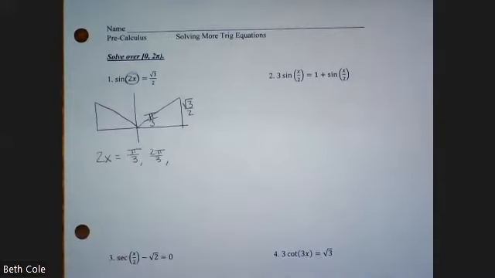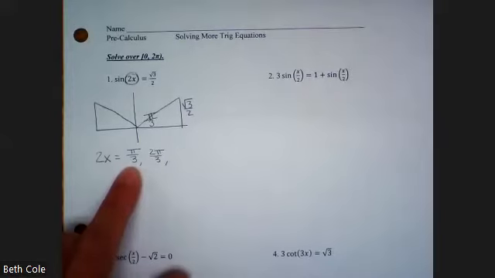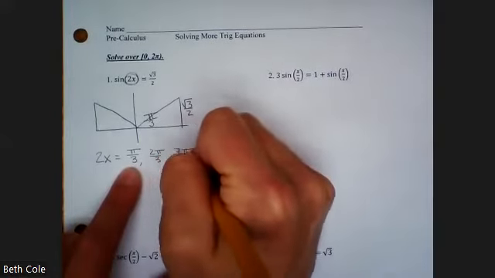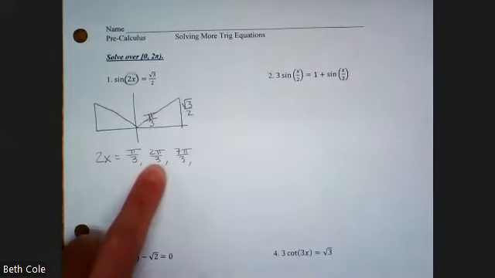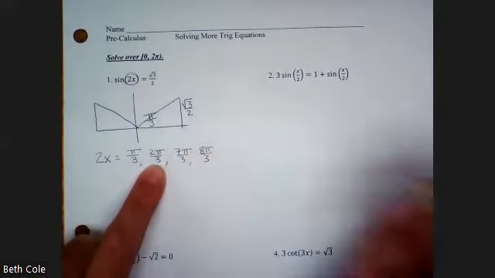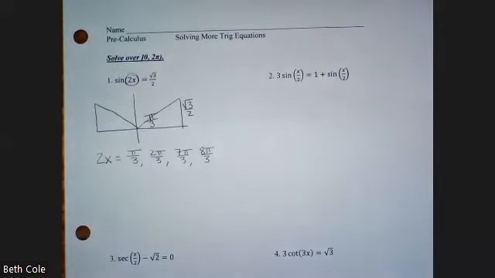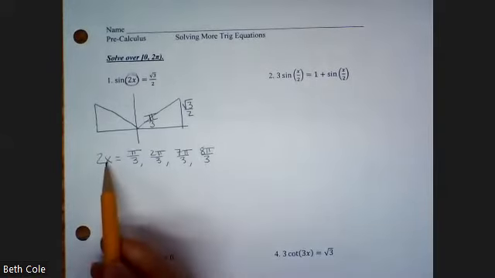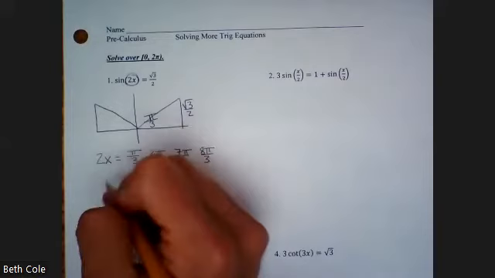Do you remember the breathing one and we added 8 seconds? It's exactly like that. So 1/3 plus 6/3 is 7/3. And then 2/3 plus 6/3 is 8/3. You just add 6/3. That's it. And then you have to divide all of those by 2 to get x by itself.